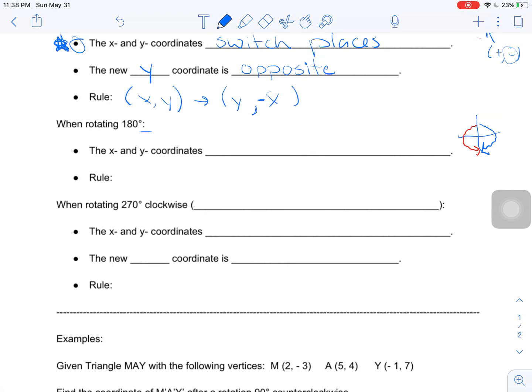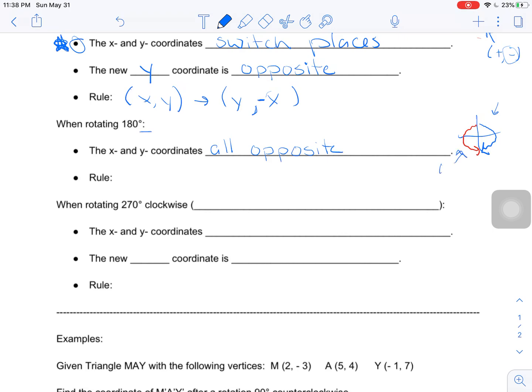So on this one, the X and the Y coordinates don't trade places, but what they do, which most of you noticed, was that they are all opposites. Opposite has to do with the signs of the numbers. We started over here in quadrant 1 in your intro.